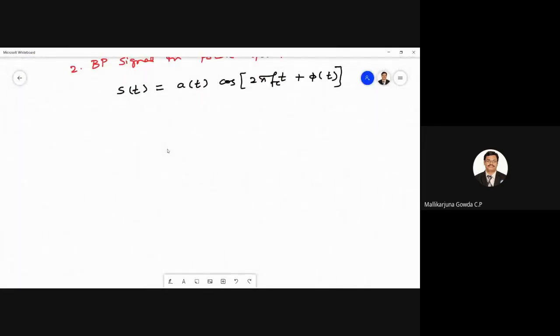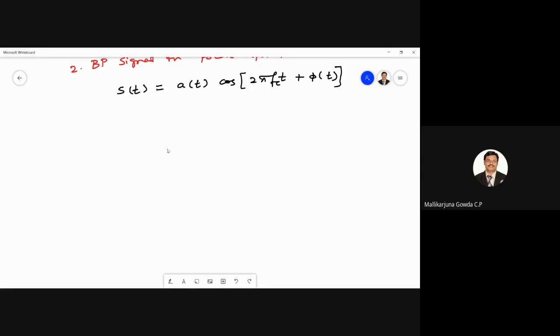So now we'll discuss how to represent the bandpass system in terms of its complex low pass. So far we were discussing the representation of bandpass signal in terms of its complex low pass.